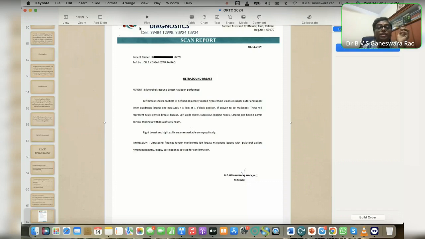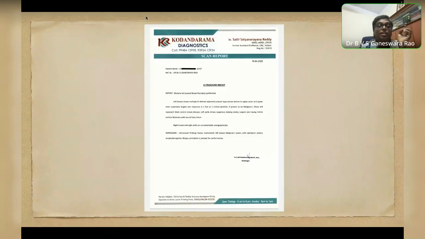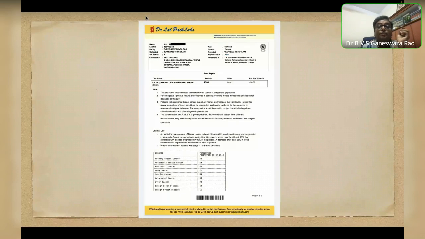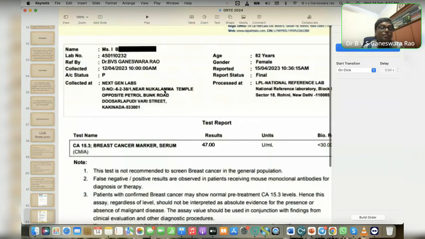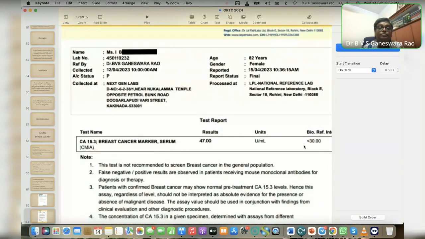This is the cancer markers test. See, the basic limit is less than 30, it was 47 by that time. It was on April 15, 2023.